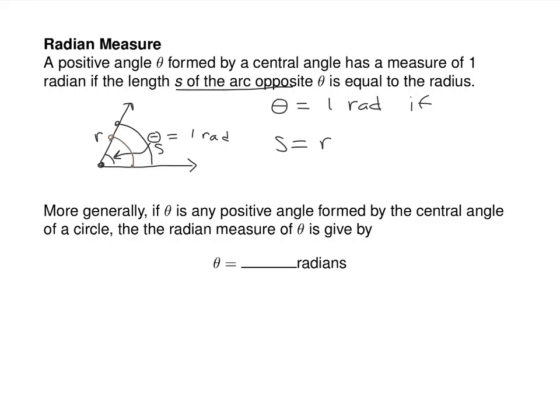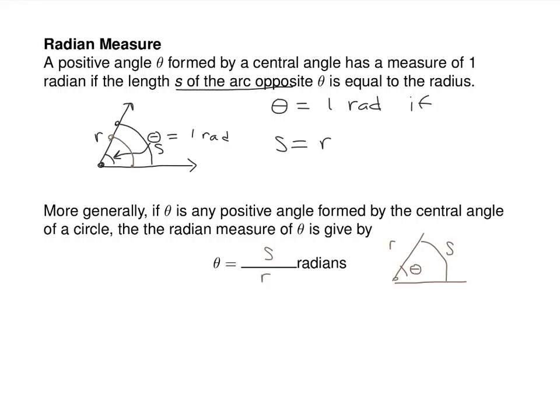So the technical definition of how you find the angle in radians is you take s over r, where s is the length of the arc and r is the length of that side. And there'll be a system that you can use to convert between the two.